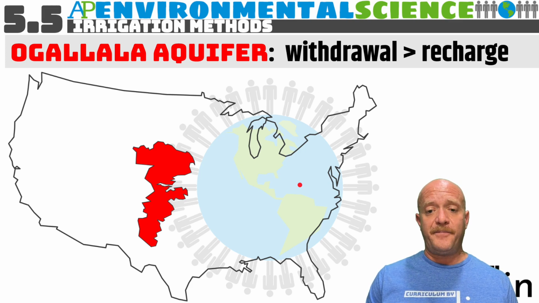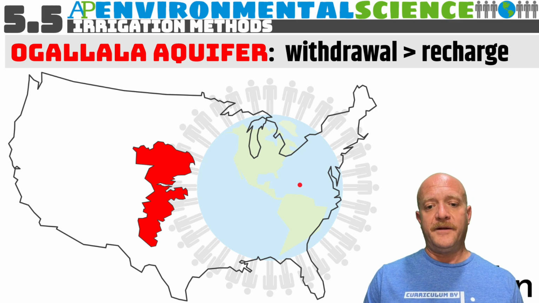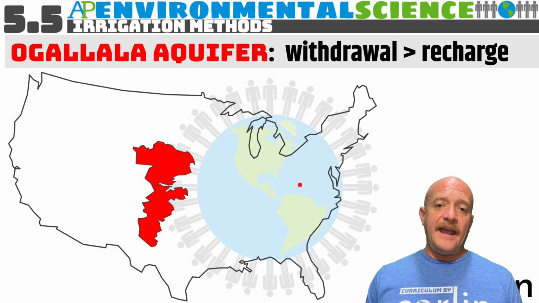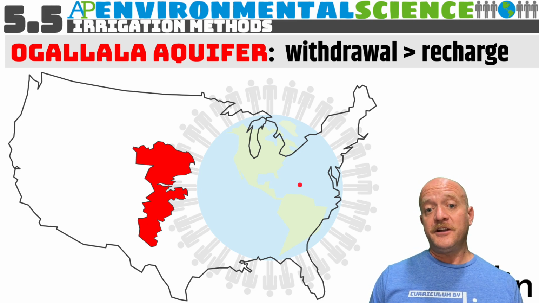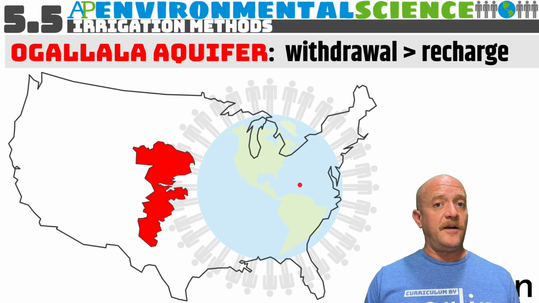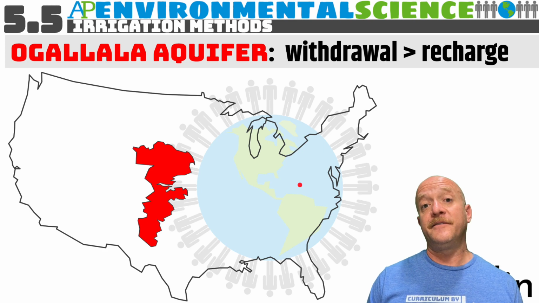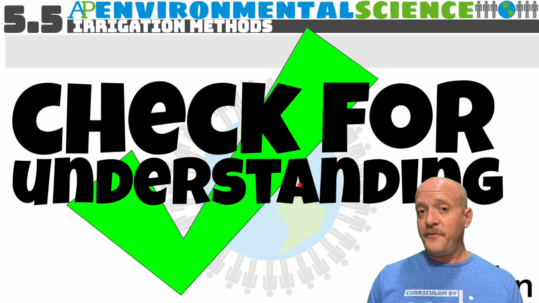You can look on a map with state boundaries, but it's predominantly around Nebraska, Kansas, Oklahoma, and part of Texas. Now, we have done so much withdrawal because it's a relatively arid area, and we are withdrawing more water faster than it can be recharged. So a big problem is the Ogallala Aquifer is being depleted, and this is a major example of tragedy of the commons.